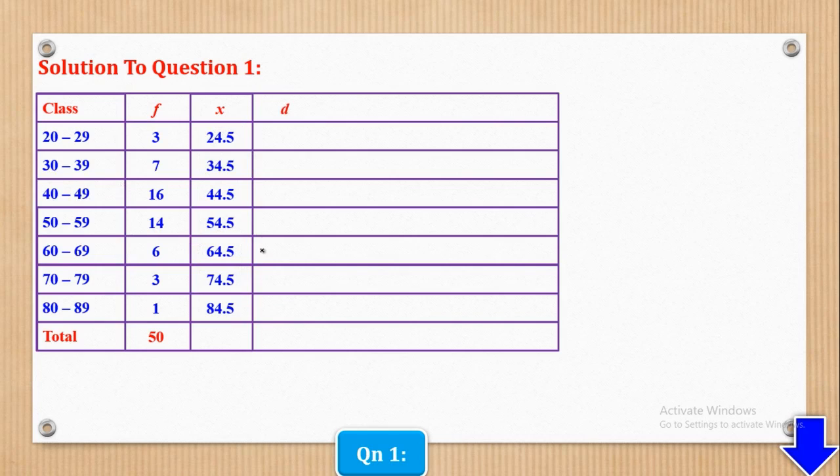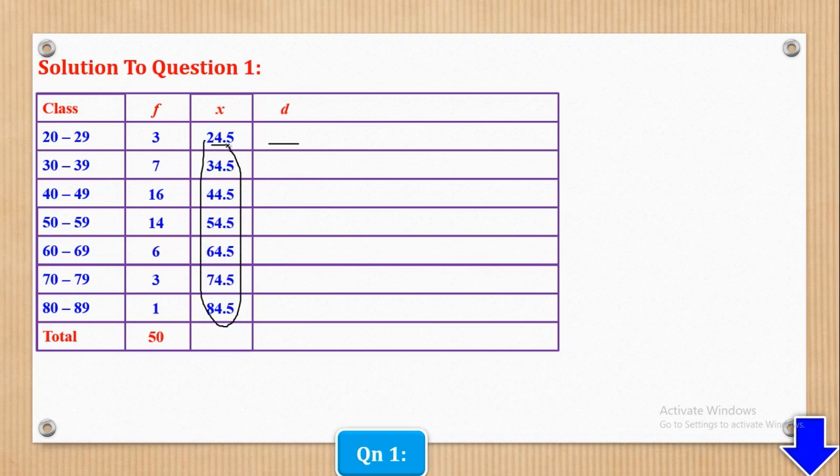Now because in the question they gave us the working mean of 44.5, we shall have to get a column for D, where D means the deviation, and it's equal to the values of x minus the working mean. So when I say 24.5 minus 44.5, I'll be able to come up with this value, and the same applies for all these values.